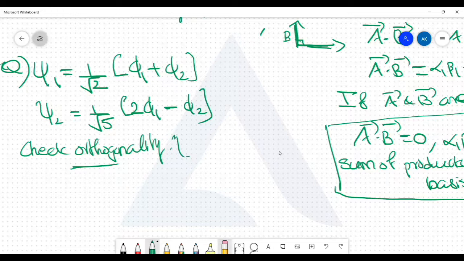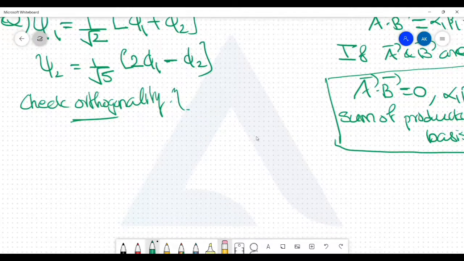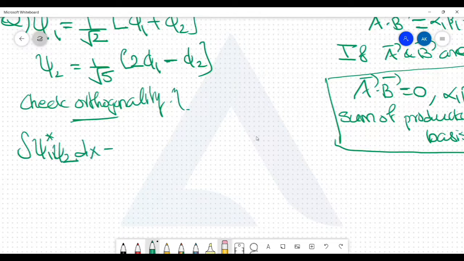What is the direct method? Let me show that first. Integral psi 1 star psi 2 dx equal to 0.